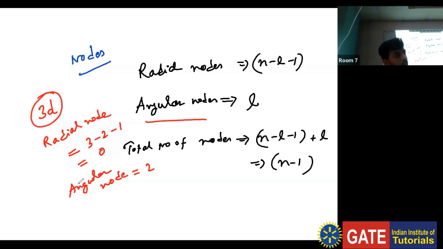So 3 minus 2 minus 1 gives 0. Angular nodes, 2. Total number of nodes is 3 minus 1. You can directly put the formula or calculate separately. Got it? Can you try for 4p?